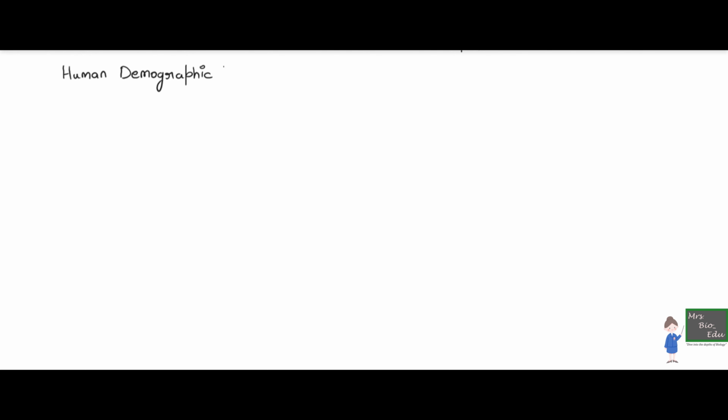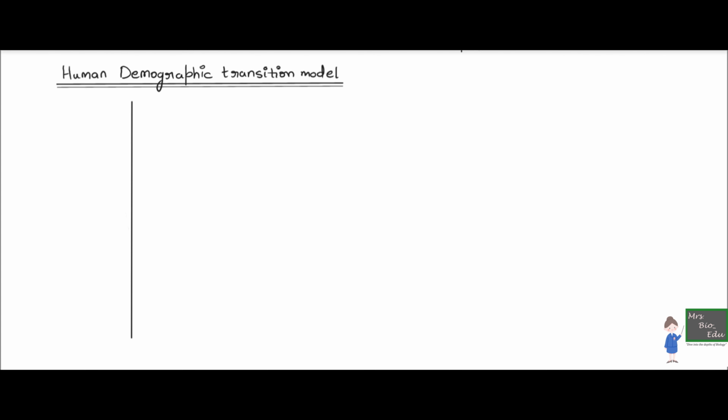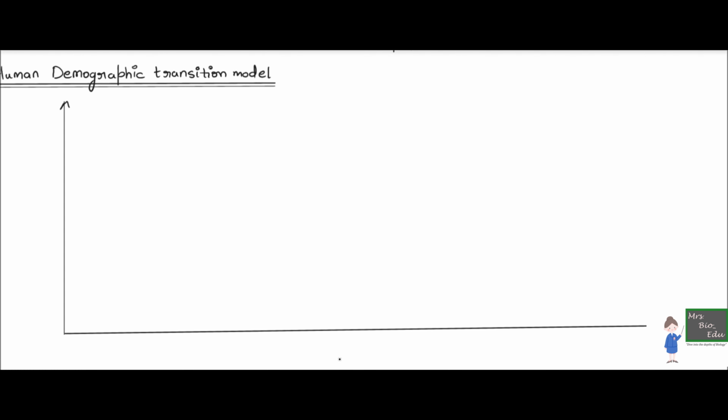We can also understand this by looking at the human demographic transition model. This model explains how a particular population starts and then moves through various stages to attain this transition. We have to understand that for any population, it's actually the highest form of development to achieve this transition in a way that the birth rate becomes equal to the death rate.